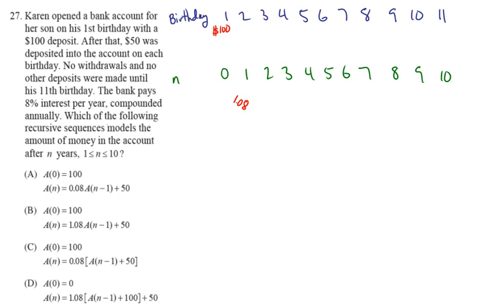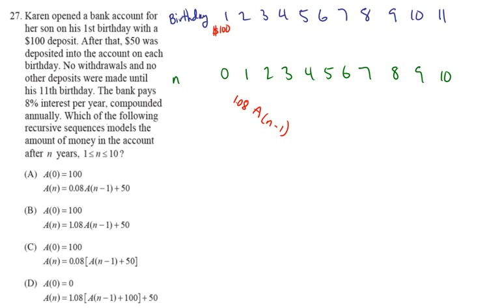And you can see in each of the answers below, you're multiplying times some quantity a of n minus 1. A of n minus 1 means, what is the amount of money that was in the bank at the start of the previous year?